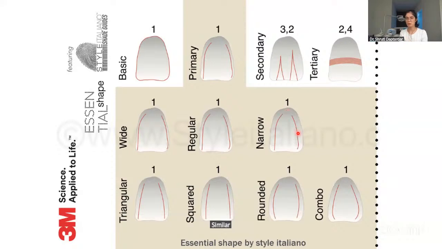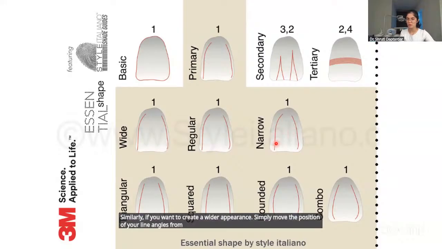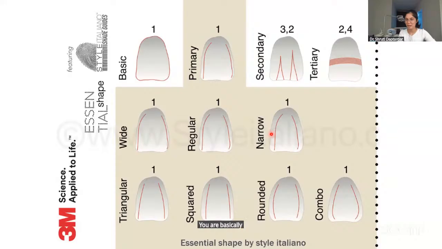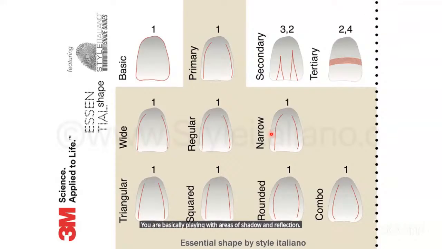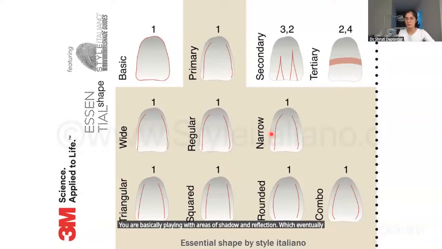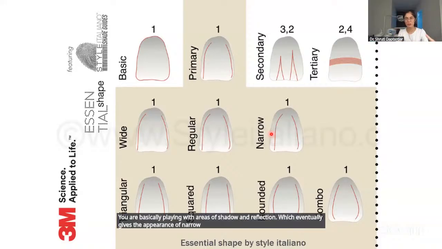Similarly, if you want to create a wider appearance, simply move the position of your line angles from the face of the tooth into the proximal aspect more. You are basically playing with areas of shadow and reflection, which eventually gives the appearance of a narrow or wide or a regular shaped tooth.